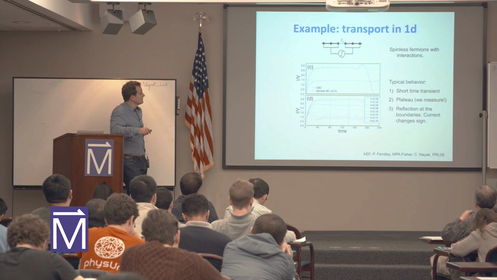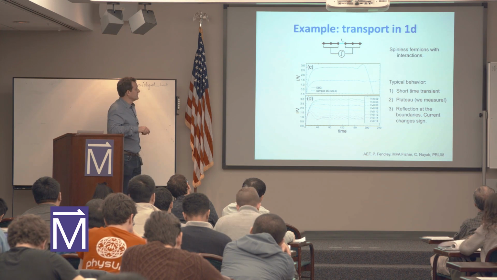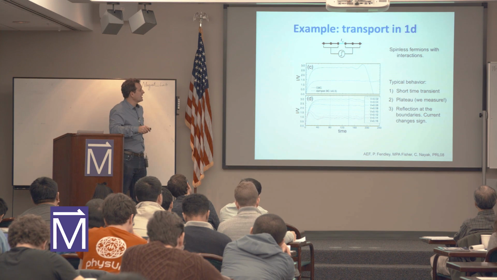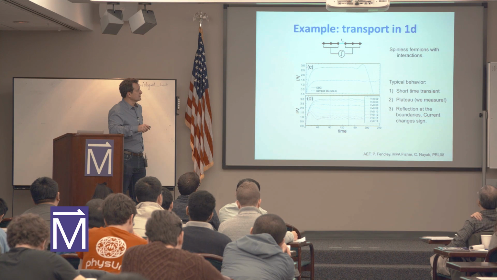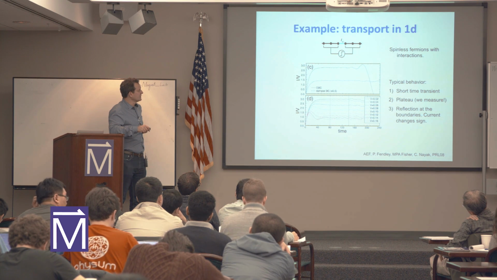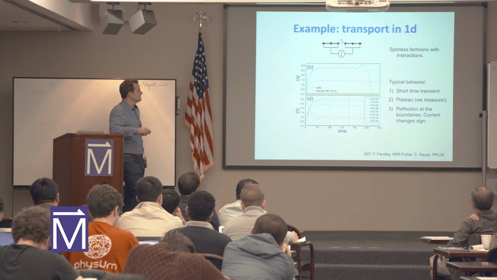So if you want to study transport out of equilibrium, for instance, imagine you have two leads connected through a weak link, and you apply a bias between the left and right leads or halves, and you look at the time evolution of the current through the link. And this is what it will look like. You have a transient, and eventually you reach a sort of plateau or quasi-steady state.